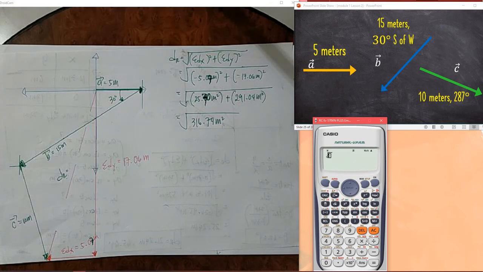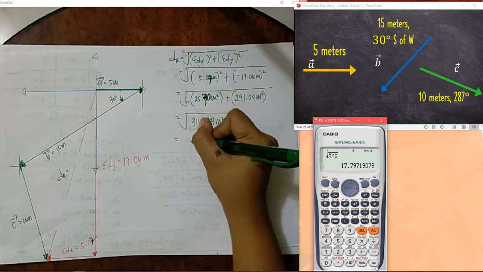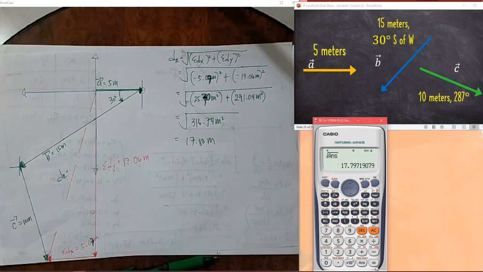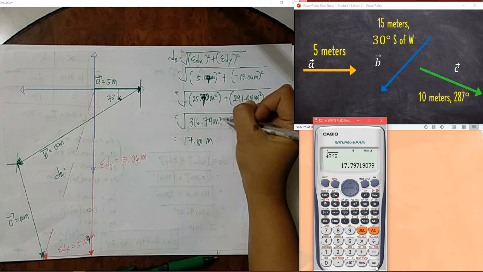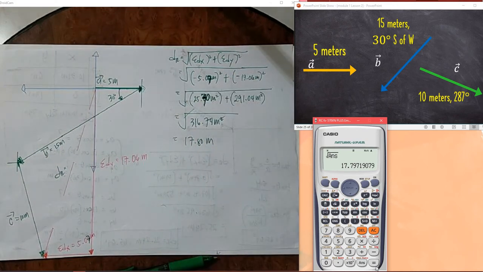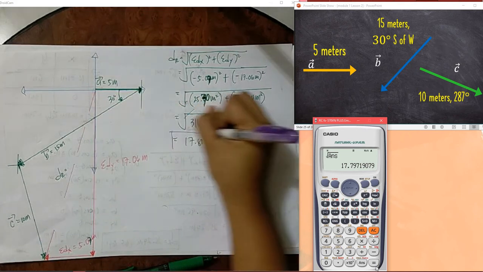So let us square root the answer. That is 17.80. So we have 17.80 meters. Bakit nag-meters? Dahil kinancel natin yung square sa unit at saka yung square root. So this is now for our magnitude.